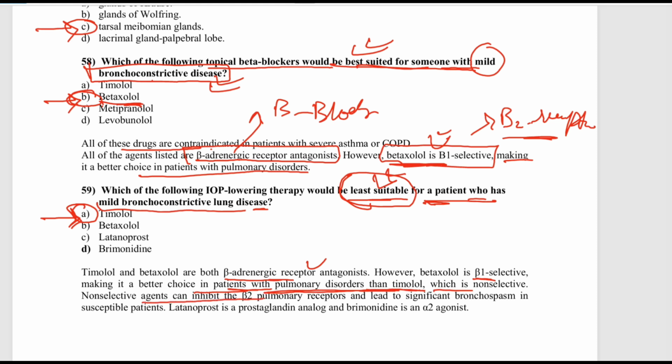I have already told you that non-selective agents will inhibit the beta 2 pulmonary receptors and can lead to significant bronchospasm in susceptible patients. Latanoprost is a prostaglandin analog, and brimonidine is an alpha 2 agonist. It is not a blocker, it is an alpha 2 agonist. So these drugs can be used.